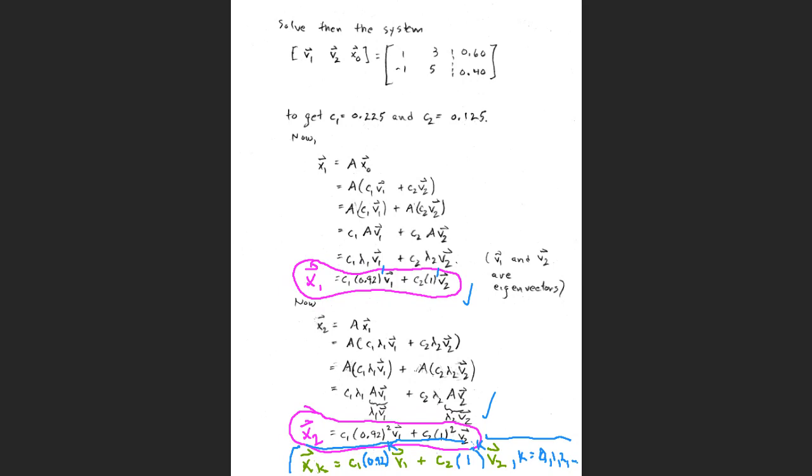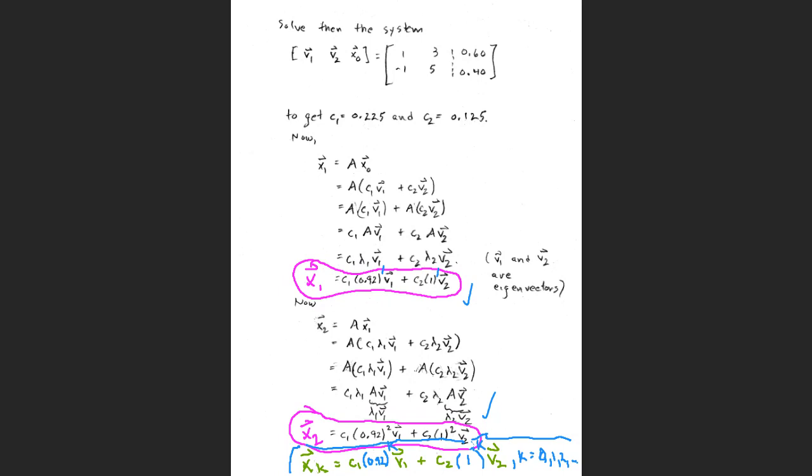So x sub k equals C1 times 0.92 to the kth power times eigenvector V1 plus C2 times 1 to the kth power times eigenvector V2. In other words, we can make a general statement here.